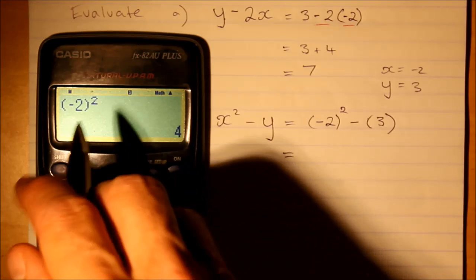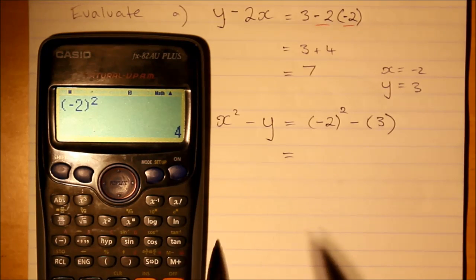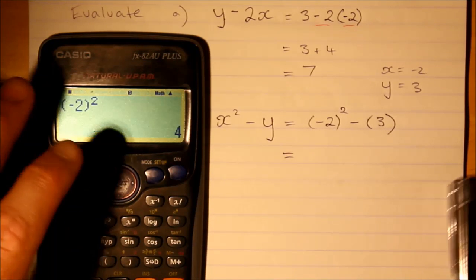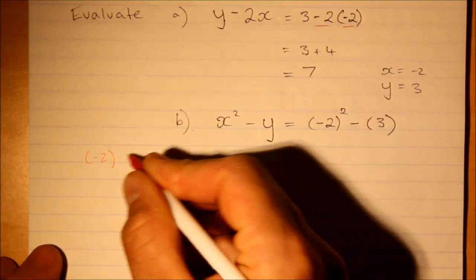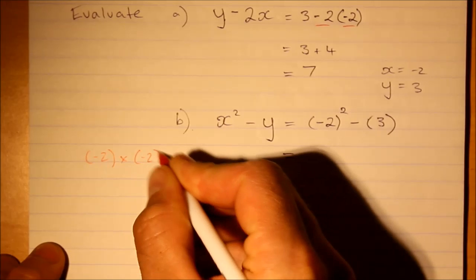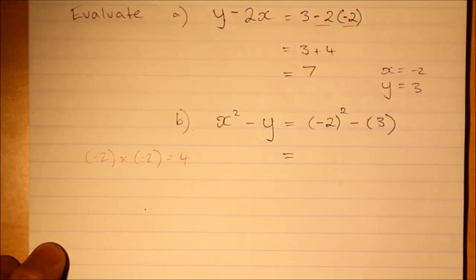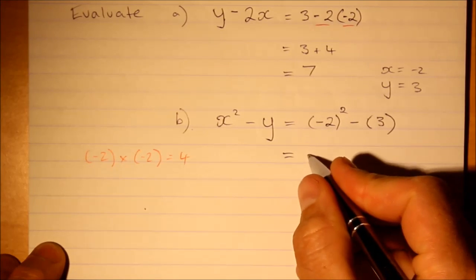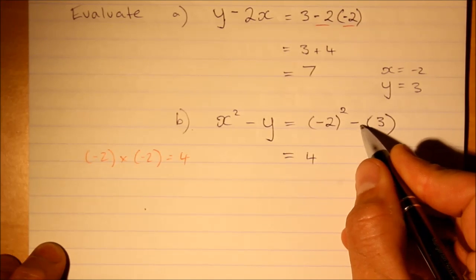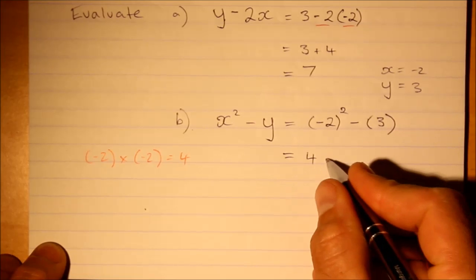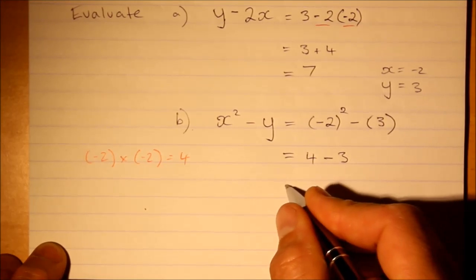So when you use your calculator properly, you do get the +4. Now why is it +4? Because -2 multiplied by -2 equals +4. Okay, so that becomes a 4, and this we're saying -1 multiplied by 3 is a -3.